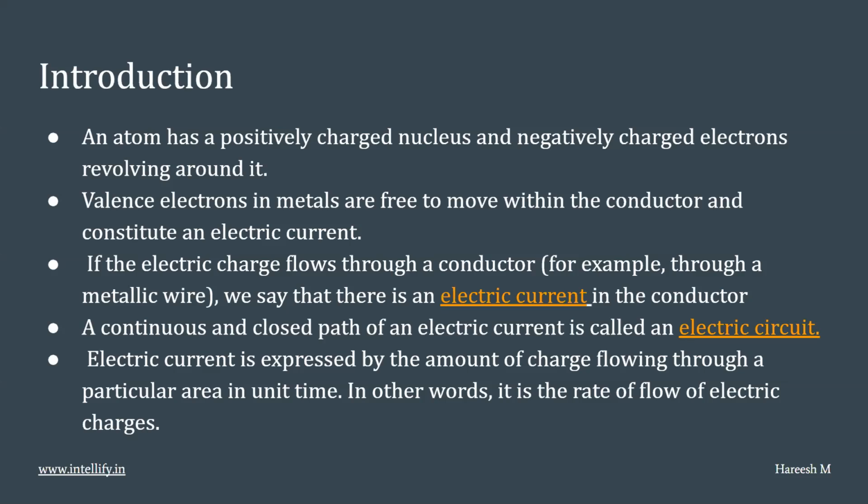So basically, an electron has a negative charge, so if the electric charge flows through a conductor, we can say that there is an electric current in the conductor. Is that clear? Now, if this electric current flows in a continuous and closed path, then it is known as an electric circuit.